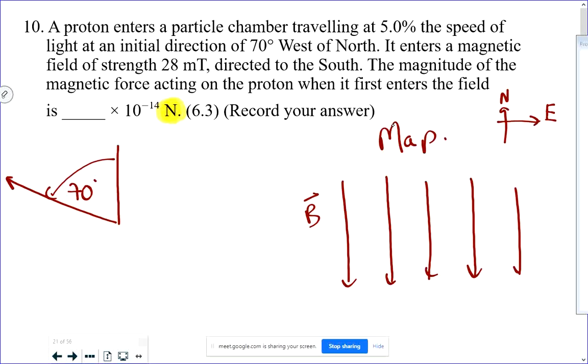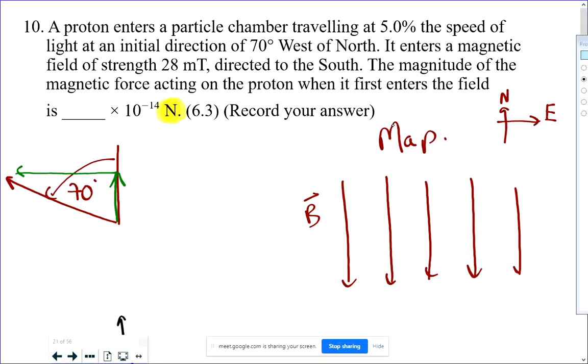So when I now look at the horizontal and vertical components of that vector, or I could have drawn them this way, the horizontal and vertical, but I didn't draw them that way because I want to include that 70-degree angle. I want a triangle that has that 70-degree angle.